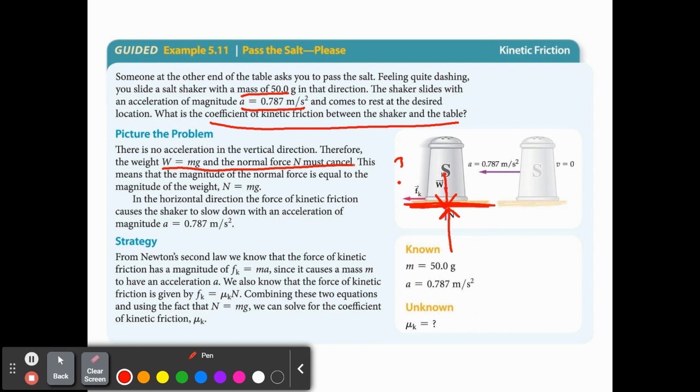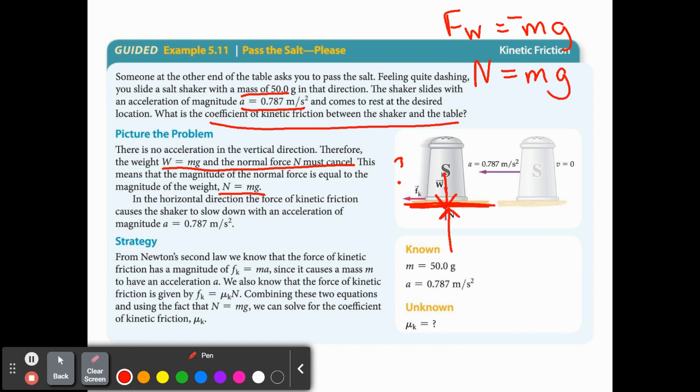All right? So, if my force due to weight is mass times gravity, and it's negative since it's acting downward, and it's equal and opposite to the normal force, then I can just say my normal force is equal to mass times gravity. Everybody see where I got that from?